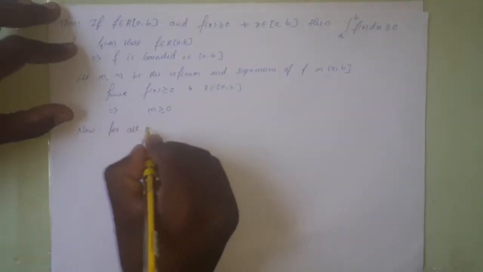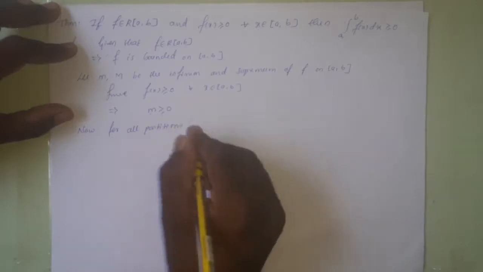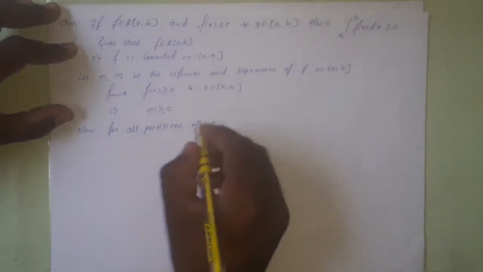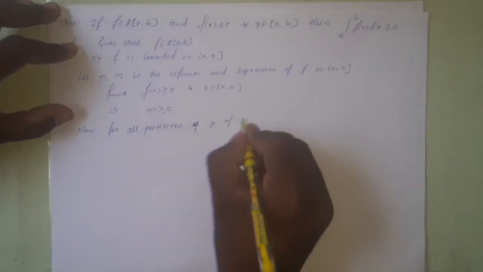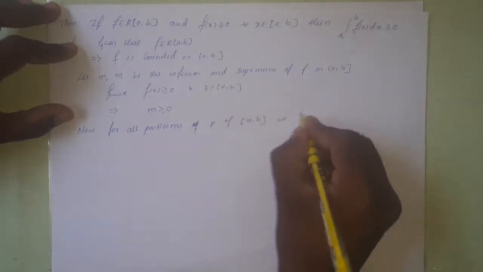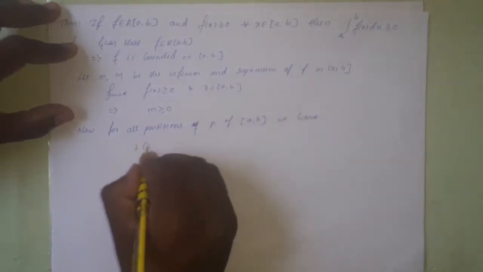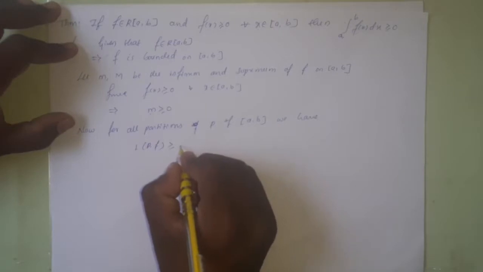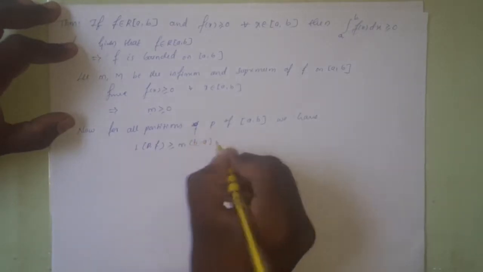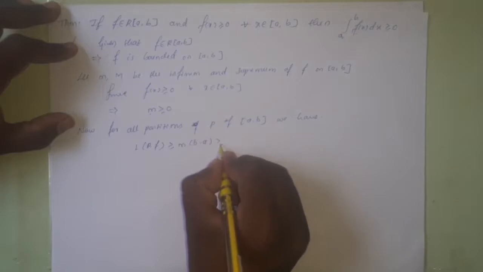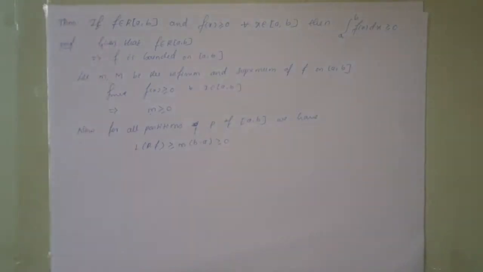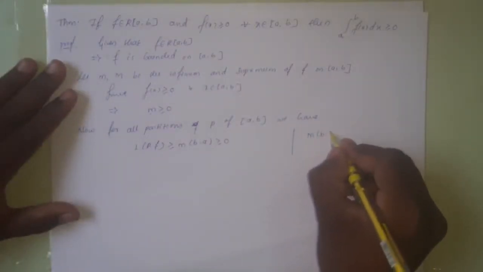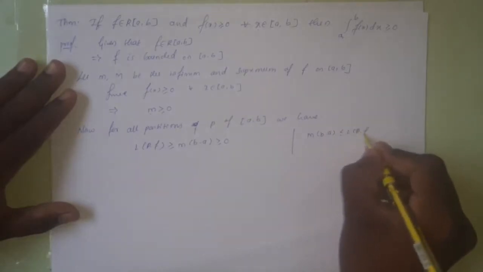for all partitions P of the closed interval [a, b], we have L(P, f), the lower Riemann sum, is always greater than or equal to m times (b minus a), which is greater than or equal to 0. Now, here we know the result that m times (b minus a) is less than L(P, f), right.